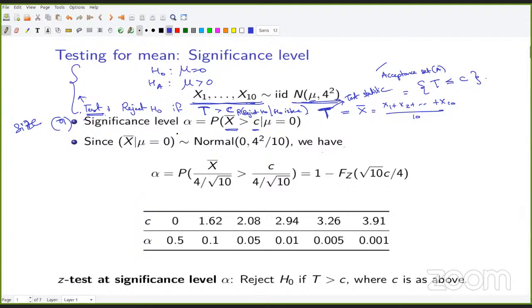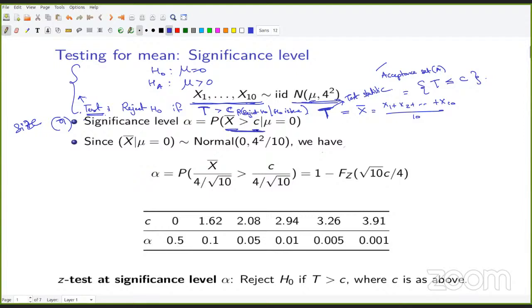So we are going to compute the probability of type 1 error, which is alpha, the probability that we reject h naught when h naught is true. We reject h naught when t is greater than c. What is t? t is x bar. These are all connecting steps, and you have to identify why we have written it like this.